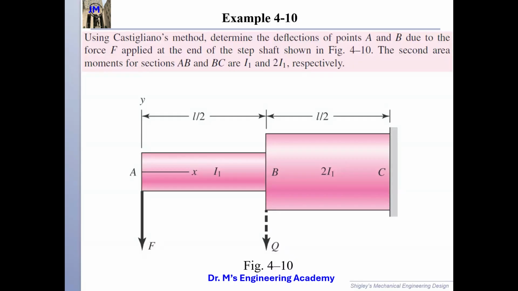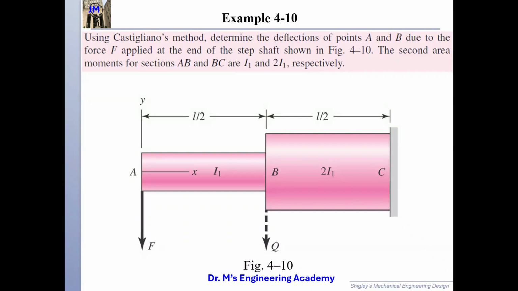Is that going to give us the total deflection, or the deflection at a specific point? This is the deflection at a specific point. So we're solving for the deflection at A. Yes.